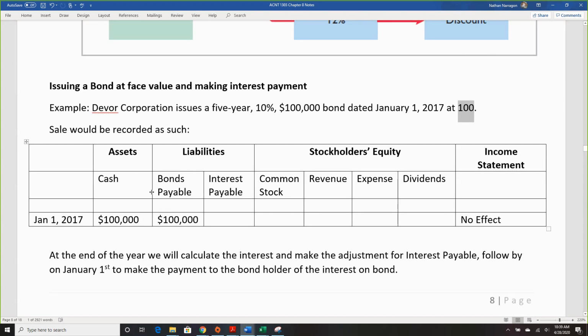So, since we owe this bond, we have a liability, bonds payable, and that's going to hold $100K. Nothing is going to affect the income statement when the bond is issued, so be careful of that also. Okay? So it's only cash and bonds payable.